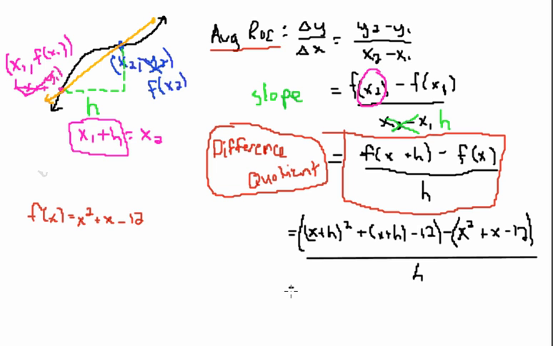And so (x plus h) squared ends up being x squared plus 2xh plus h squared, plus x plus h, minus 12, minus x squared minus x plus 12. All I did there was distribute this negative sign, so it changed the sign of everything in there. And then this is once again all over h.